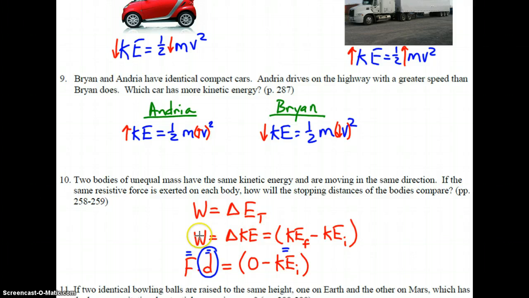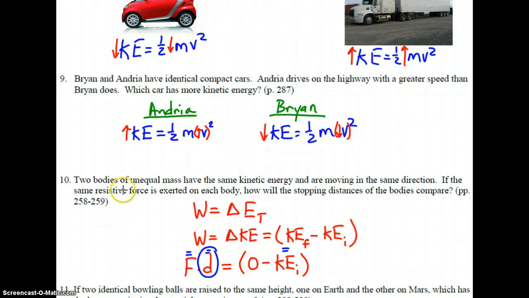The work energy theorem says that the work done on an object is equal to that object's change in total mechanical energy. So we start with that statement, and then in the next statement we write the forms of mechanical energy being changed in the particular problem.